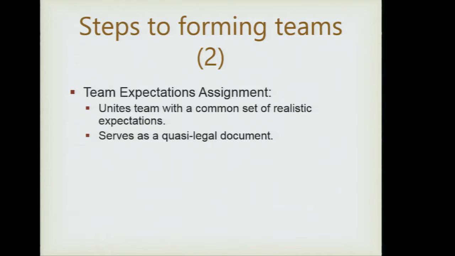And so Dan has a copy of the paper. If you'd like this paper, it's called Turning Student Groups into Effective Teams, and it's available online. Also Dan's got a copy, or you can pop an email to me. And what this expectations agreement basically says is, okay, what does your team agree to as acceptable behavior on the team?